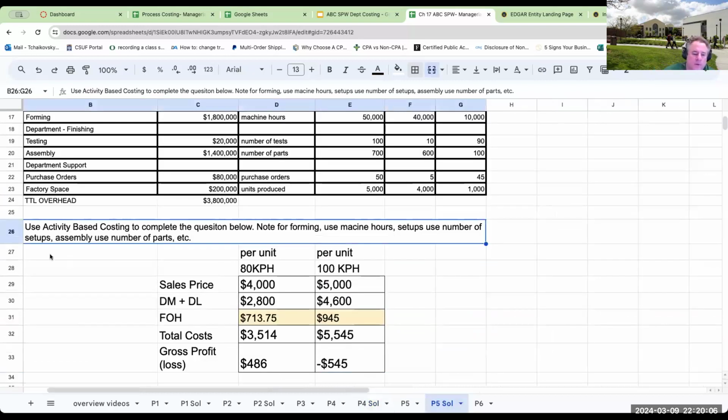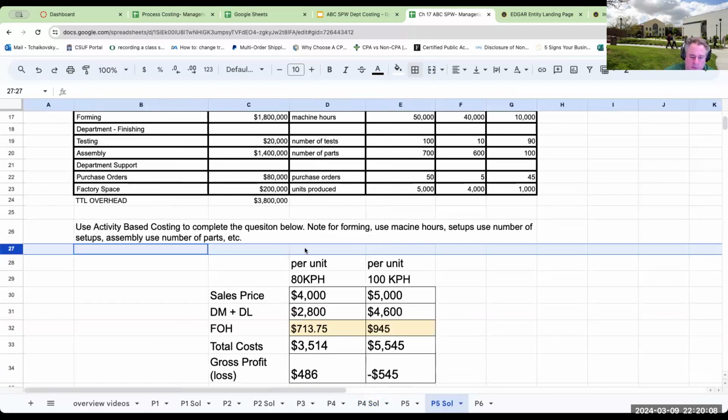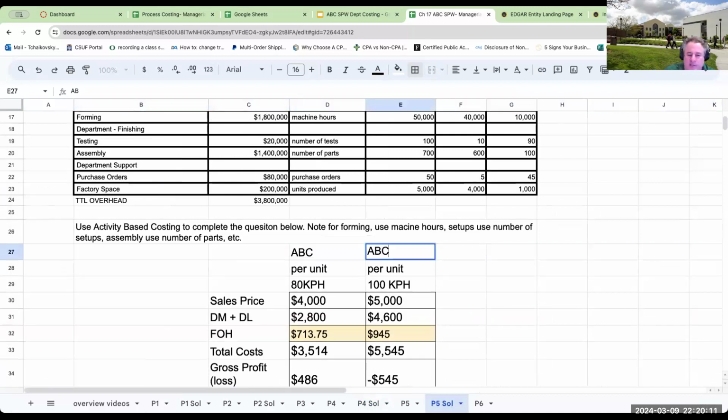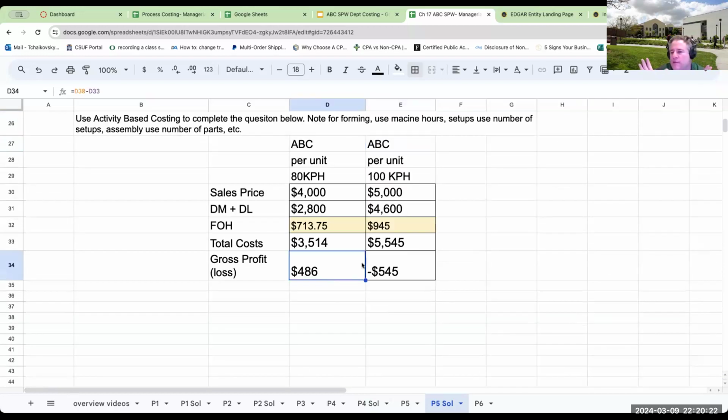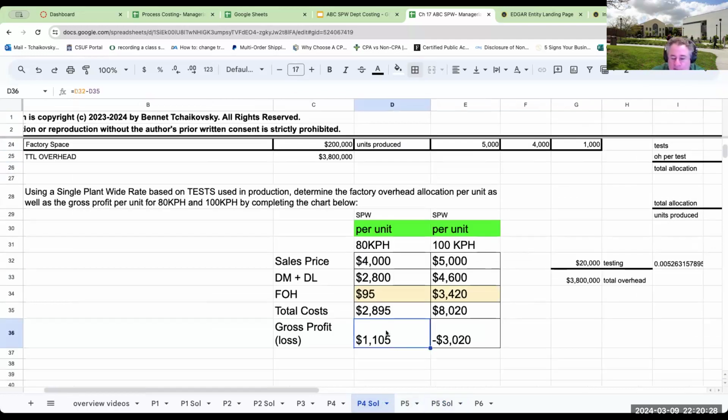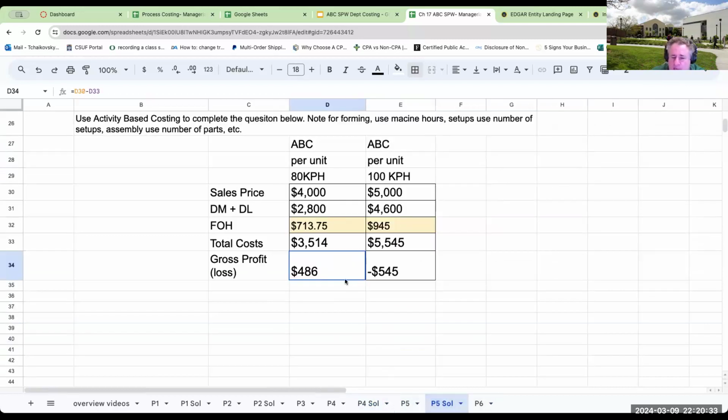This over here is obviously what we just went through and did. This is activity-based costing. When we do activity-based costing, it's much more granular, and it's also really reflecting to us that if we had just used a single plant-wide rate, we could be making a very wrong decision, because this number is going to be way more accurate. So this is how we compute the activity-based costing gross profit or loss.